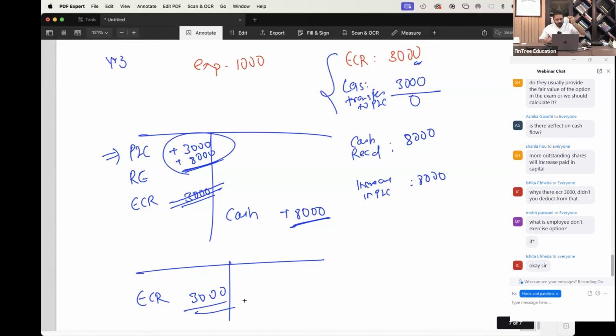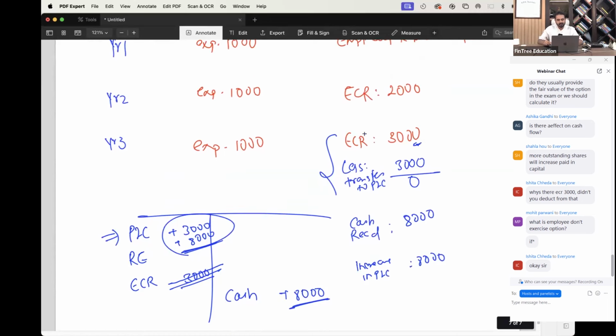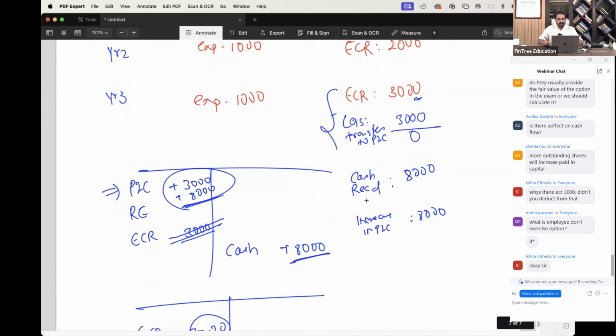Let's say the employee remembered it in the 10th year, and assuming the options are still to be exercised, then I will pass this entry in the 10th year. So this entry of transferring ECR and increasing cash is passed whenever employees come to you to exercise. That is the entry for exercising the option.